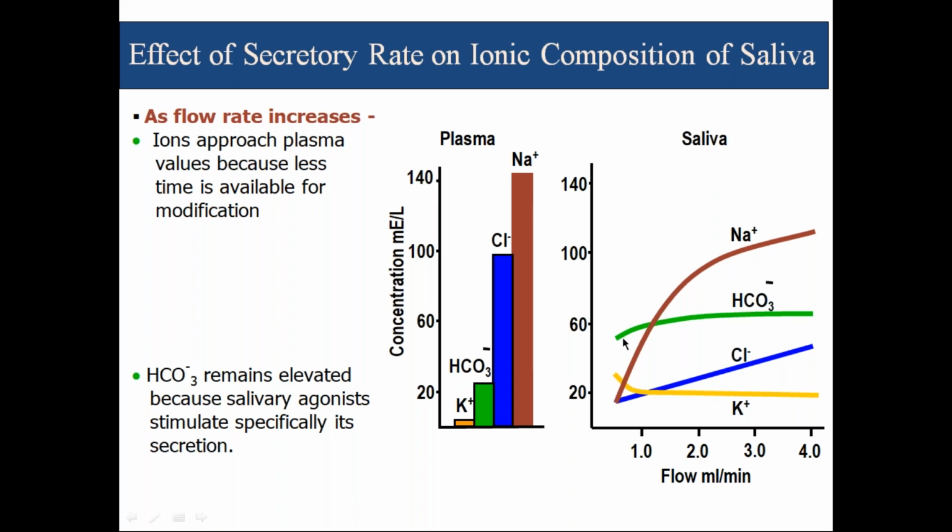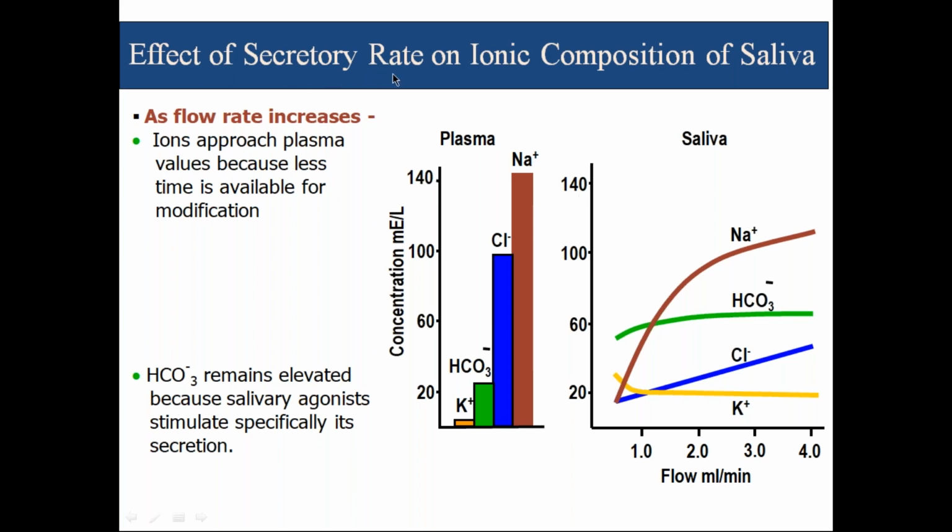Bicarbonate also increases to a slight extent, but by and large the potassium decreases in the saliva. So ions approach their plasma values because less time is available for modification, and bicarbonate remains elevated because salivary agonist stimulates specifically its secretion, right?